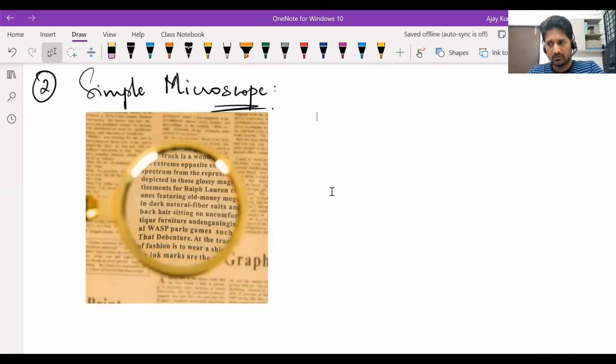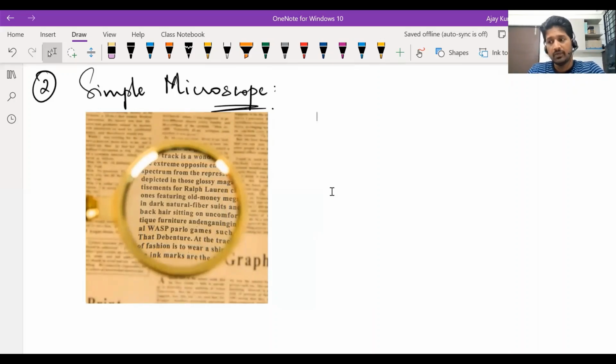I don't know how many of you have tried this: if you keep the glass close enough to the letters, within a certain distance, only then will you see magnified, upright letters in proper orientation. If you bring the magnifying glass too far from what you're trying to read, you will see inverted letters. So only up to a certain range of distances can you expect magnification with upright image formation.